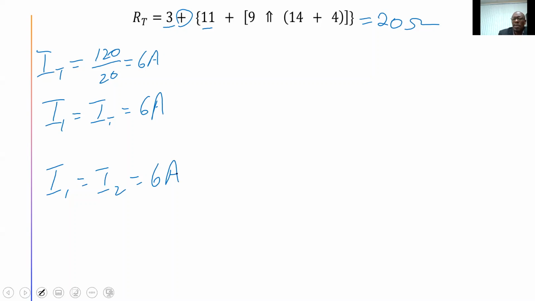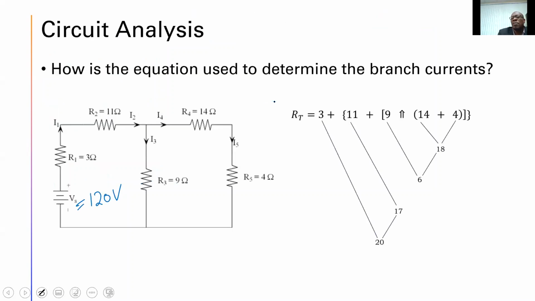Now let's go to the rest of the circuit. It tells us that 6 amperes would be here, 6 amperes would be here, and 6 amperes goes to the rest of the circuit. And what does the rest of the circuit consist of? It consists of the 9 ohm in parallel with the 14 in series with the 4. But let's look back at the resistance equation that we found. We saw that the 9 ohm resistor in parallel with the 14 and the 4 gave us an equivalent resistance of 6 ohms.